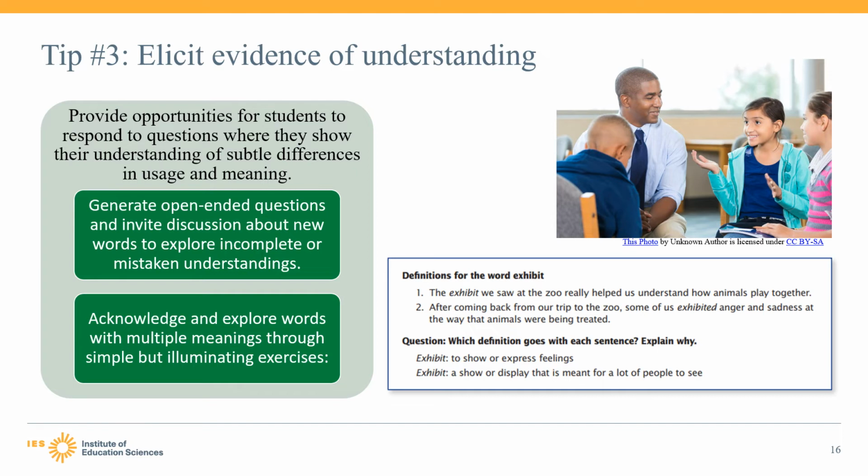Explain why. And so we have exhibit as a verb and exhibit as a noun, each of which has its own meanings and implications, and understanding that students have grasped that difference and how they can apply this word as a verb or as a noun depending on a context and what it might mean for them and how they could use it can help us make sure that the students are grasping the very understanding that we hope that they will.